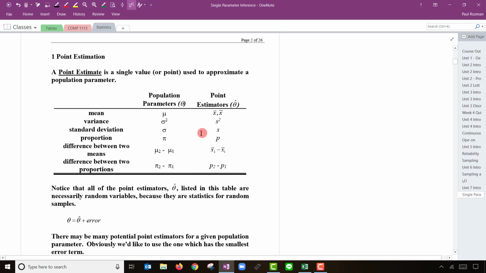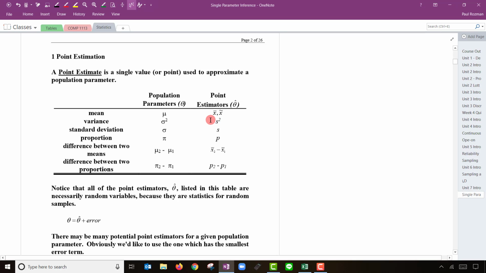And we also estimated sigma using S, or sigma squared using S squared. Sometimes we estimated the average with the median because we felt that that was a better representation. But typically we do use the mean.